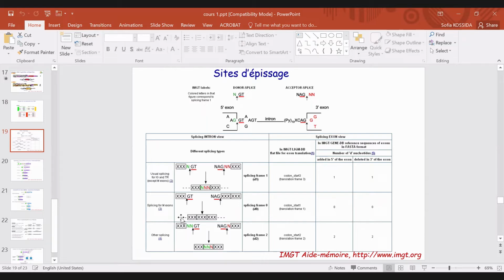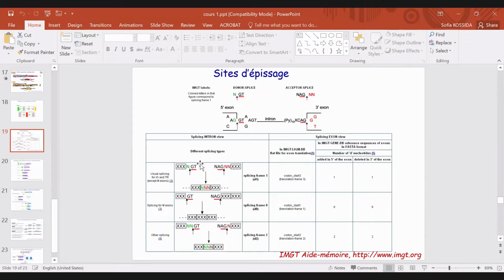If there are 2 nucleotides at the 5' of the GT and 1 nucleotide at the 3' of the AG, then we have the so-called splicing frame 2. Is this clear?